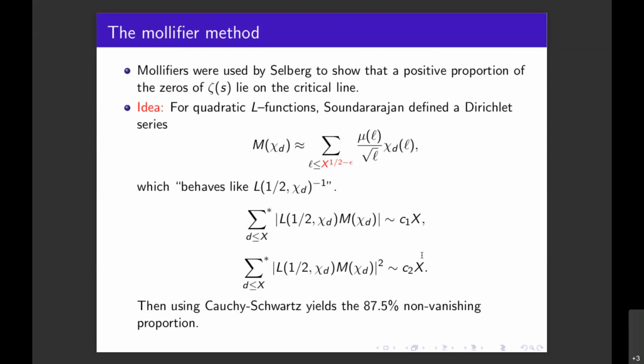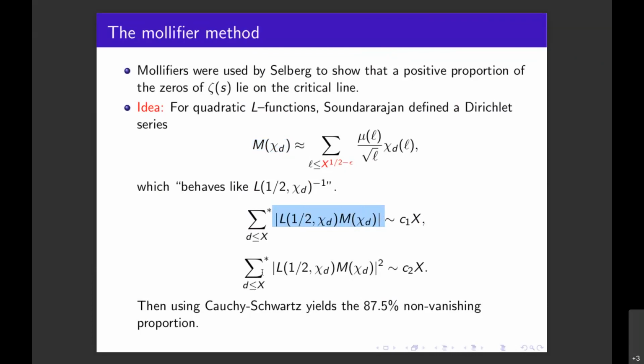The idea of Soundararajan was the following. For this setting of quadratic L-functions, he defined a Dirichlet series M(χ_d), which in some sense you want to behave like the inverse of your L-function, so like 1 over L(1/2, χ_d). Then when you compute the first mollified moment, you want to show that this is asymptotic to some constant times x.